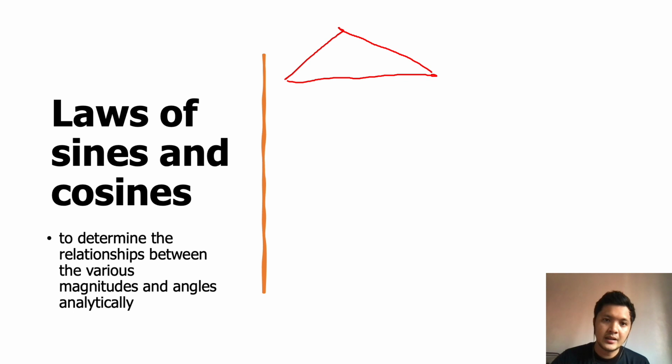Let's label this side as A, and then B, and then C. Now, the angle opposite the side A is called angle A, capital A, and the angle opposite the side B is angle B using capital letter B, and lastly, the angle opposite side C is angle C, so let's use capital C.